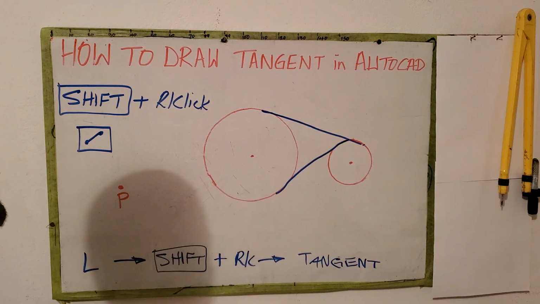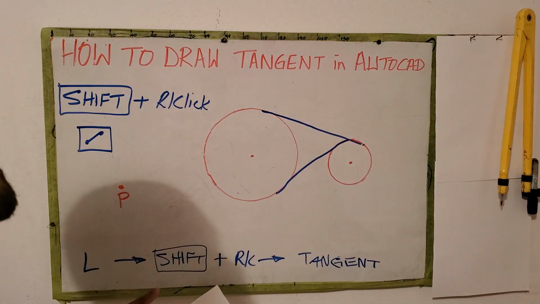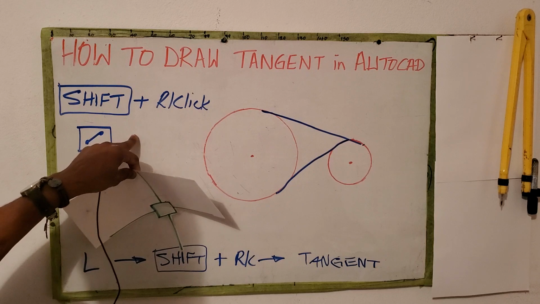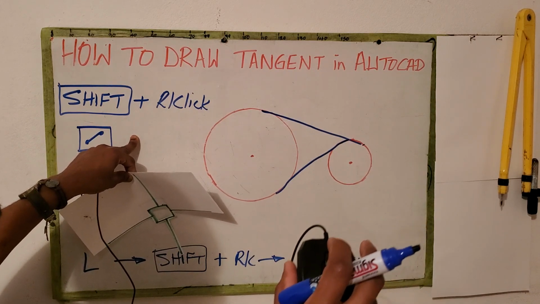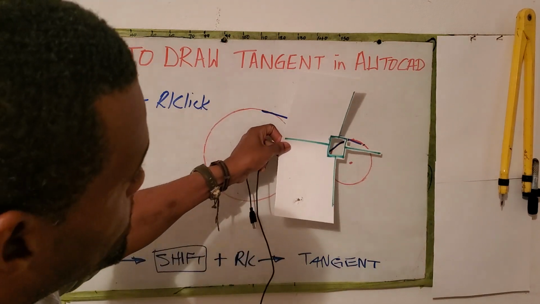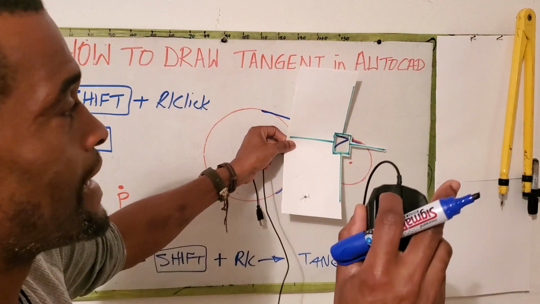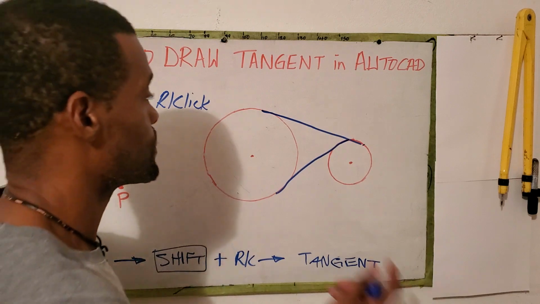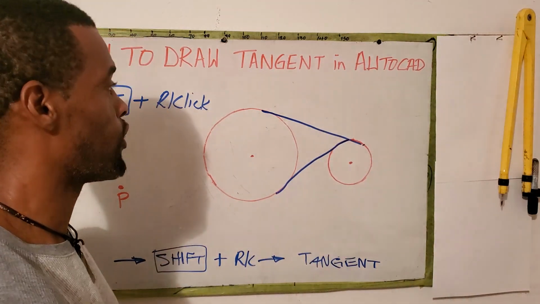Once you have done that, the command bar should ask you to specify the second point for the line. You will then repeat the process. Hold down the shift key, right click on your mouse, then go up to a point where you assume the tangent to form and left click. Once you have done that, the line will automatically snap onto the point on the circumference.